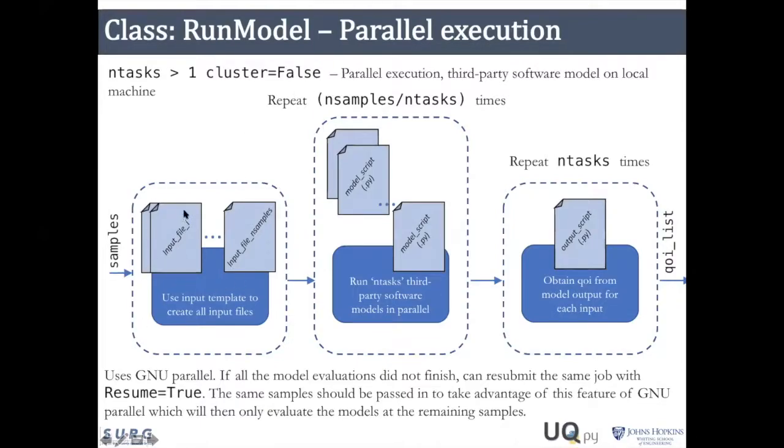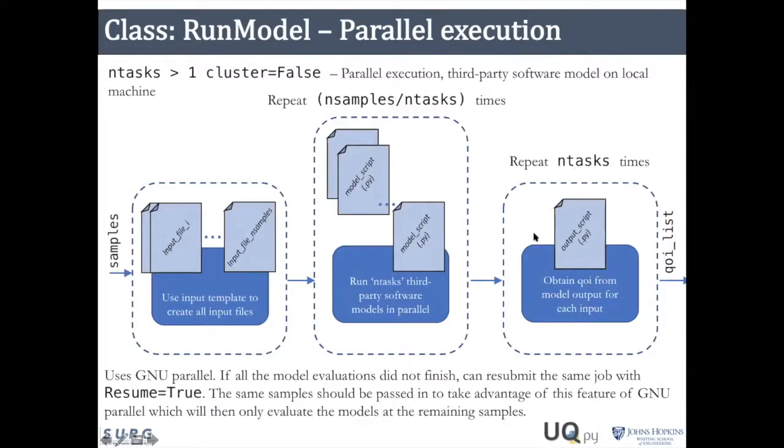In this case, first RunModel generates all the input files using all the samples. Then it runs ntask number of models in parallel using GNU parallel. After all the model evaluations are done, the output script does the post-processing of the output, and it just takes in one model output at a time and extracts the quantity of interest.